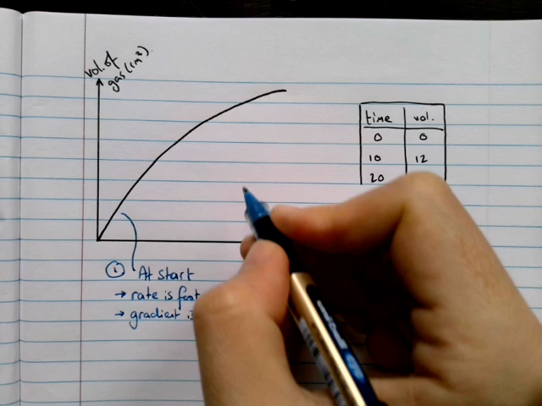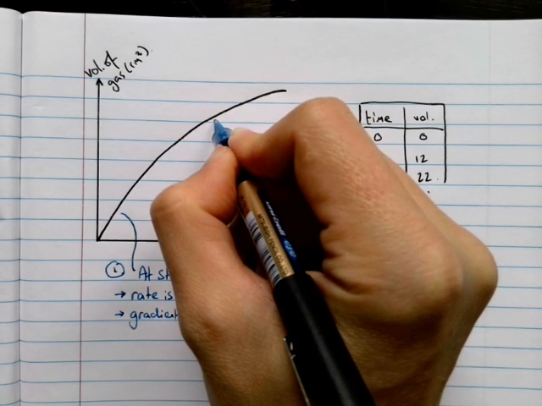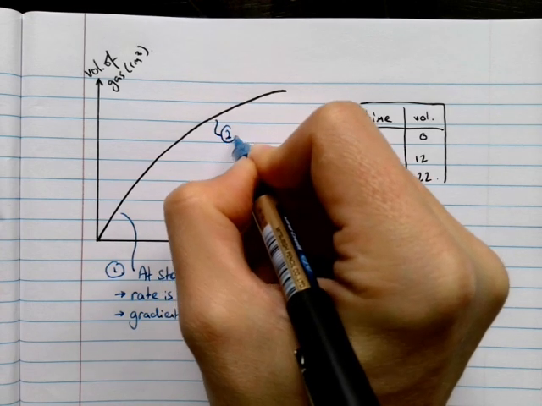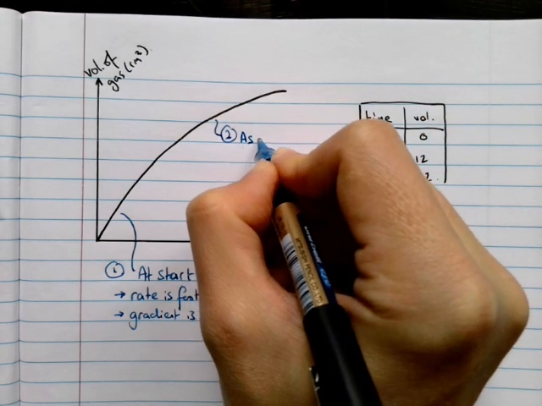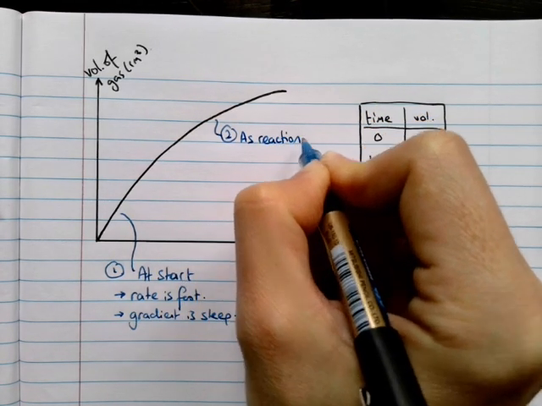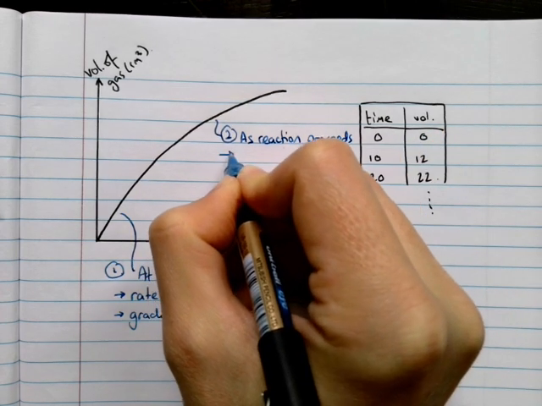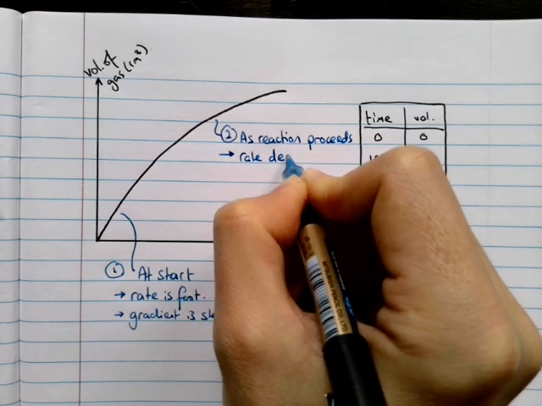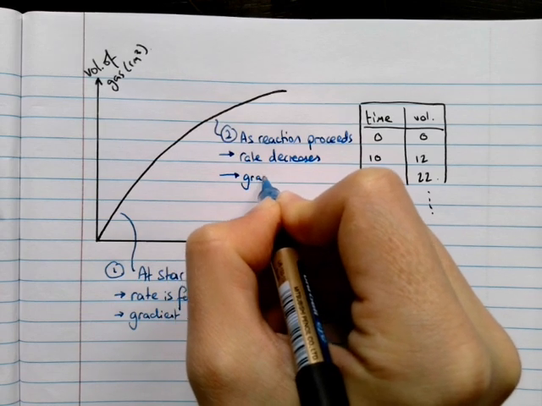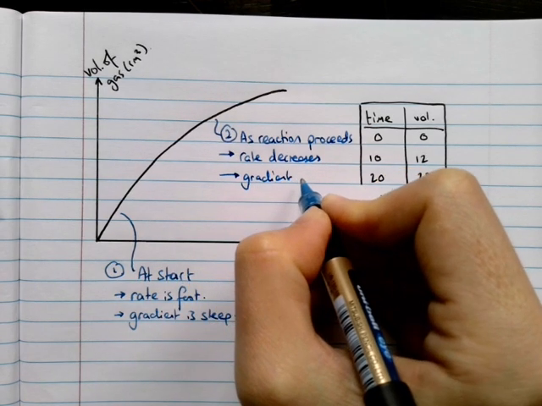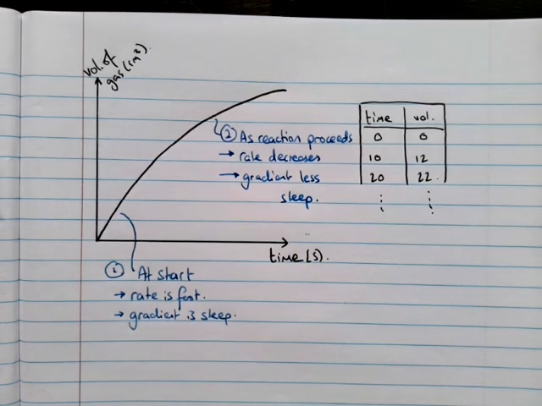The second important thing, as I just alluded to, is that as the reaction proceeds, the rate decreases, and the gradient becomes less steep.